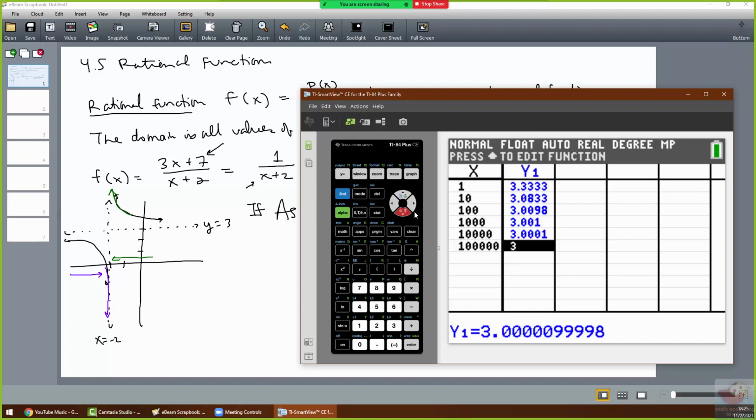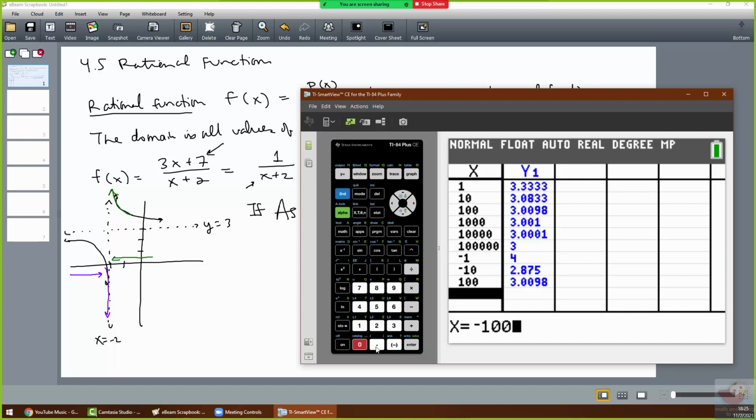It's approaching a number. Which number? 3. Yeah. And then if we went in the other direction, -1, -10, -100, notice it happens to be approaching 3 as well.